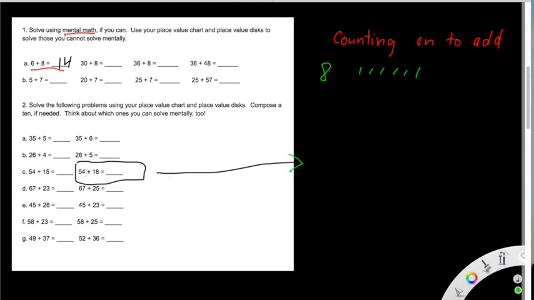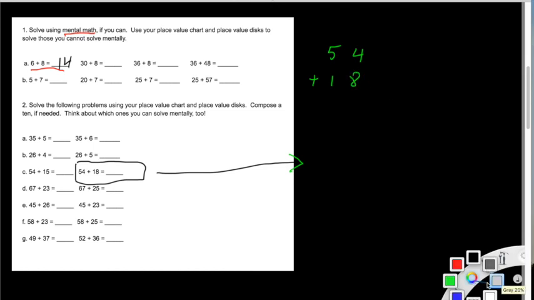Okay, so 54 plus 18. Okay, I'm gonna erase these. We have 54 plus 18. So I am going to draw the T and label ones and tens.